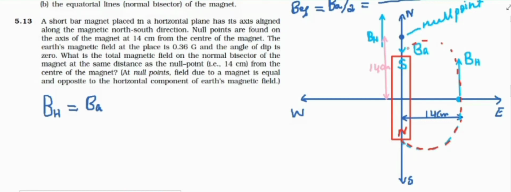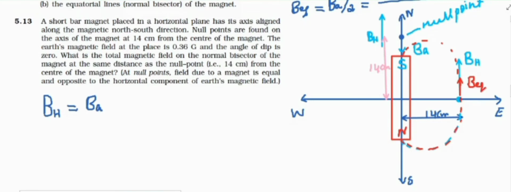That means you can see at this point the magnetic field due to the bar magnet is also in the direction of BH like this, and it is the equatorial plane of the bar magnet, therefore we can say it is B equatorial.